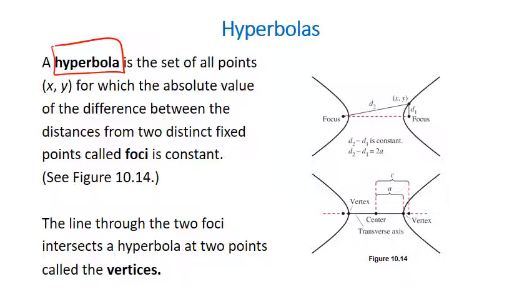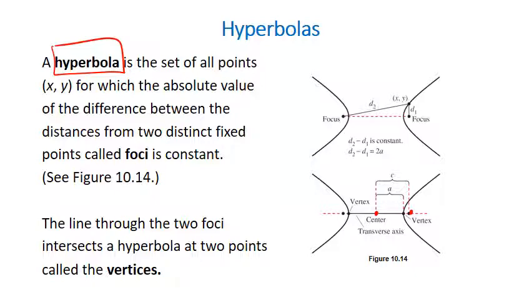So here, if I have my hyperbola, the center again is (h, k). The vertex is A units from the center, and then this here is the focus, and that's C units from the center.